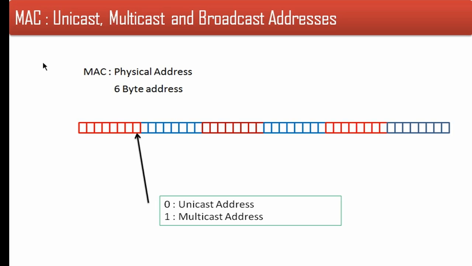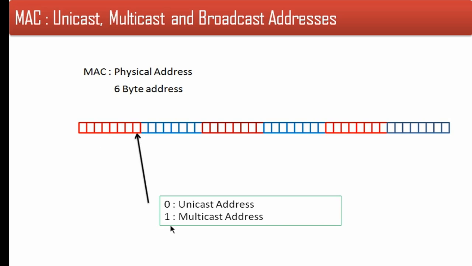Now there is a trick. If we have a MAC address and someone asks whether it is a unicast, multicast or broadcast address, then in the case of unicast and multicast, you need to check the first byte, and in this byte you need to see the least significant bit.